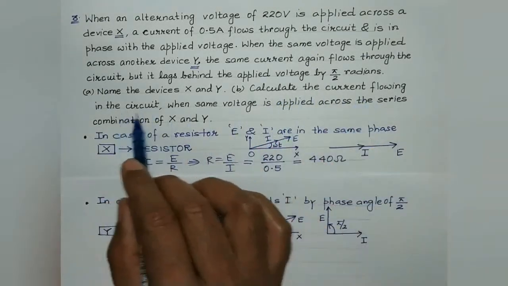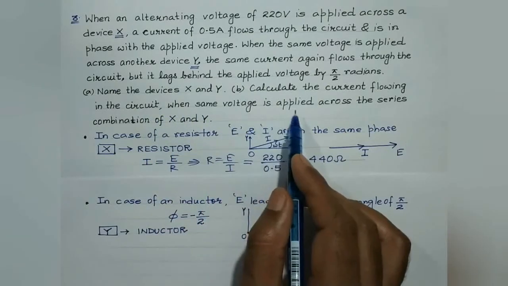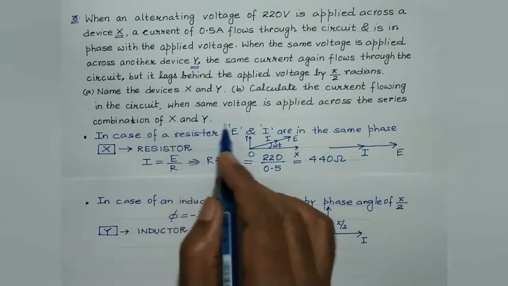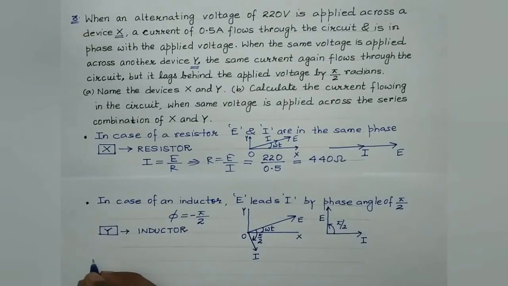Now let's attempt the second part. Calculate the current flowing in the circuit when the same voltage is applied across a series combination of X and Y. Now, we are aware that device X is a resistor and device Y is an inductor. And the same alternating voltage is applied. We are supposed to find out the current.